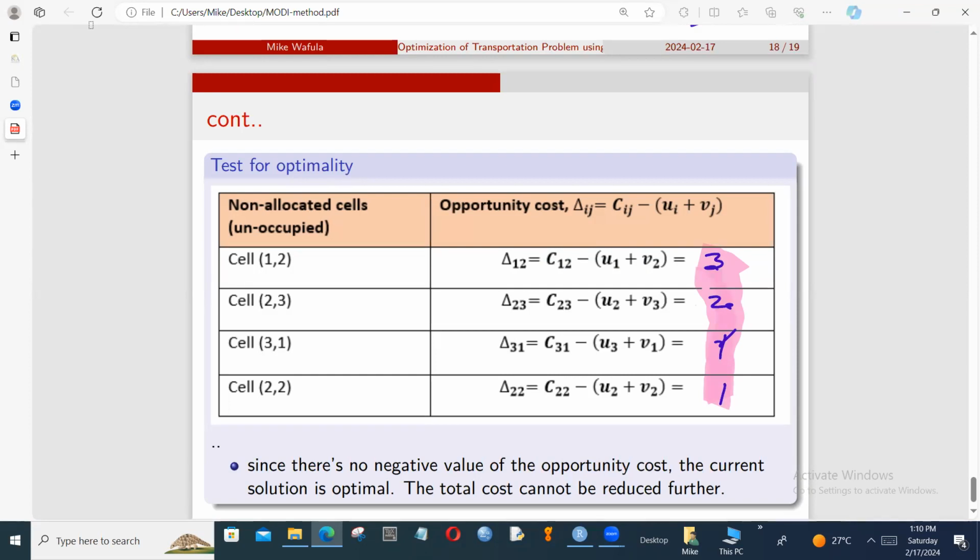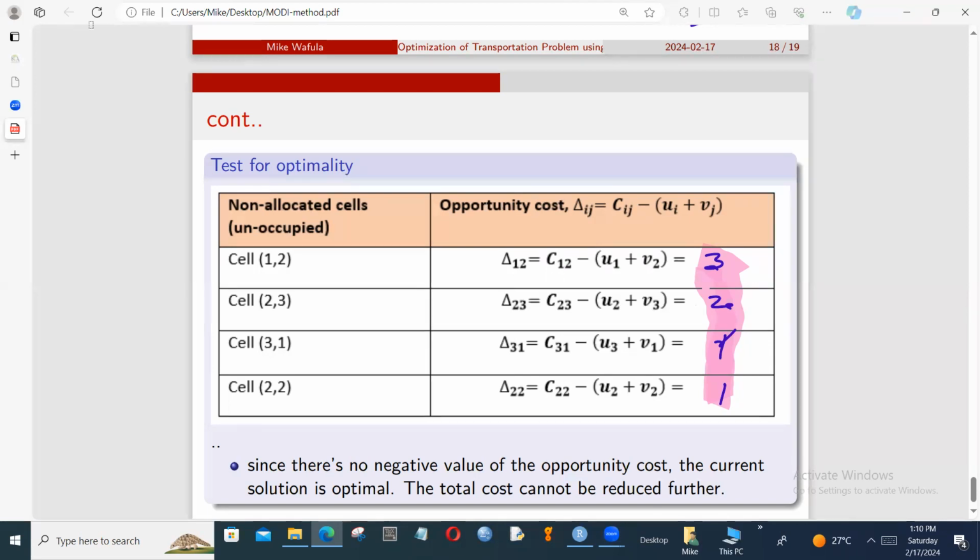That's the least amount we can spend to ferry all those goods from their sources to their destination. So you cannot reduce that total cost any further. That's the remark you make after computing the opportunity cost associated with that new figure. And that is what will stop the iteration. That is why your MODI method will stop.